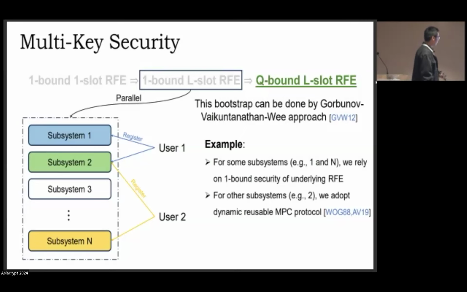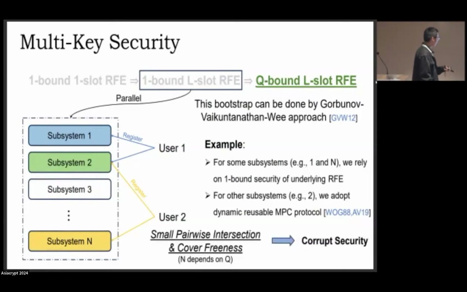But for other subsystems like subsystem 2, there is more than one user who has differential access, so we cannot rely on one-bound security. We need to adopt a dynamic reusable MPC protocol, just as in GPW12.